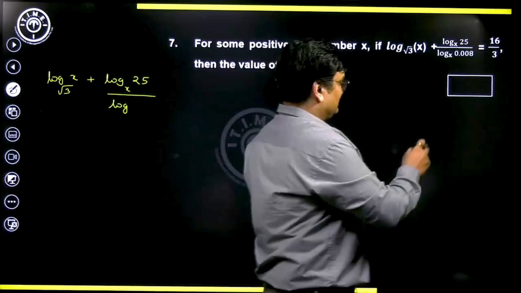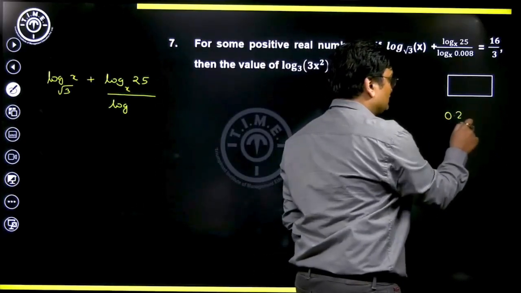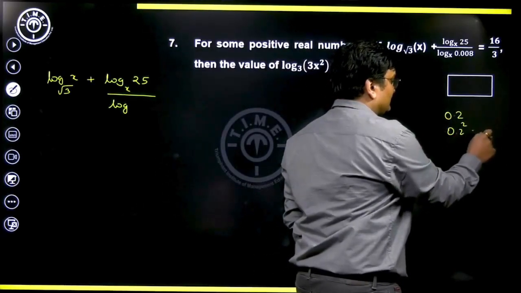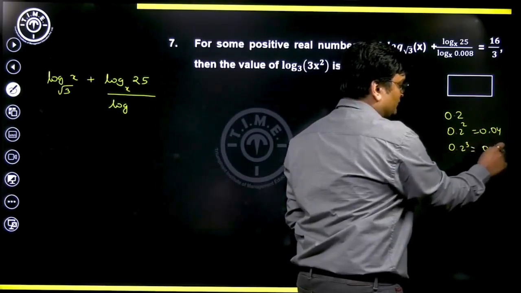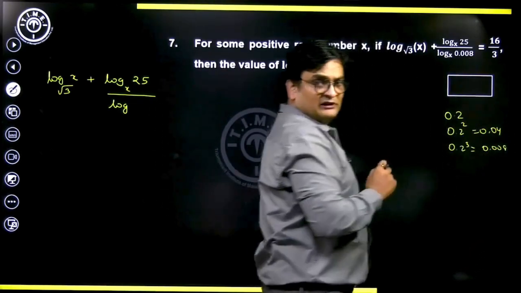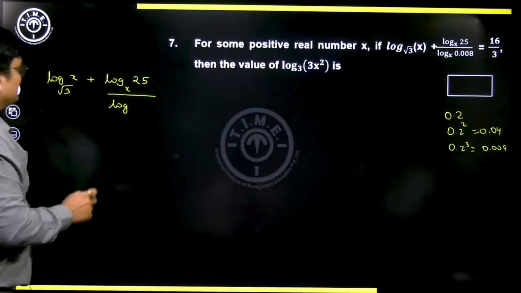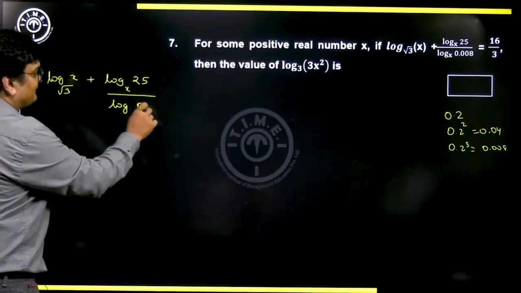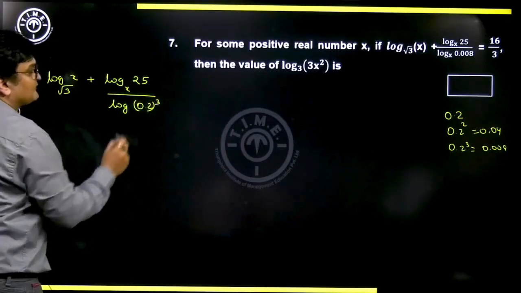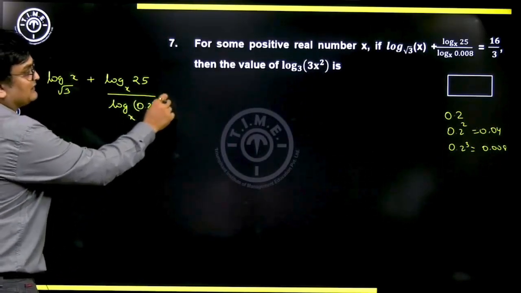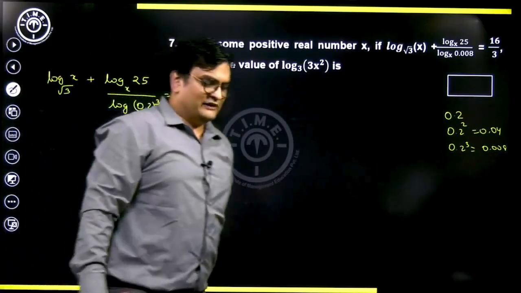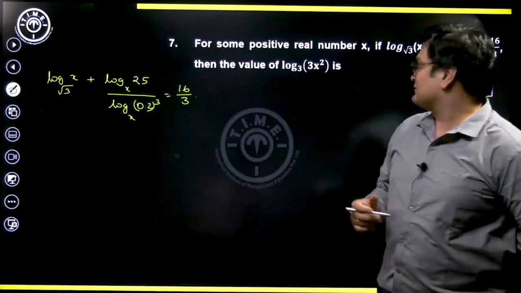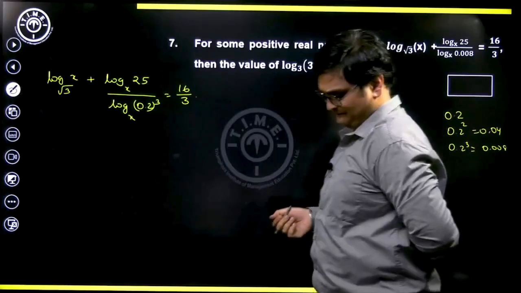If you look at that, please note 0.2 squared is 0.04, and 0.2 cubed is 0.008. So I can write 0.008 as 0.2 cubed. Then he's asking us to find the value of log of 3x squared to the base 3.